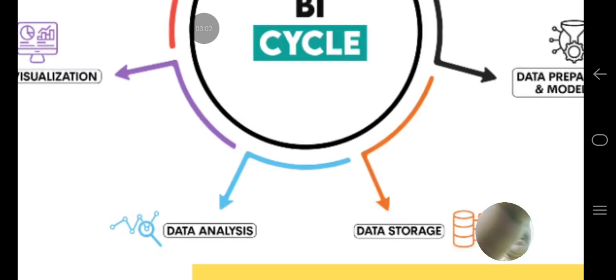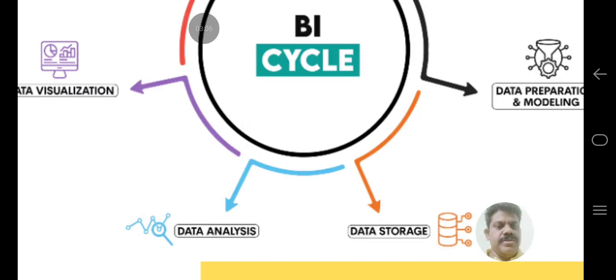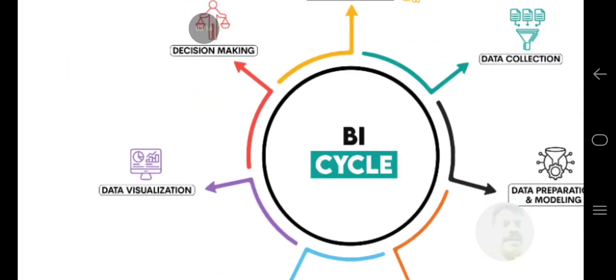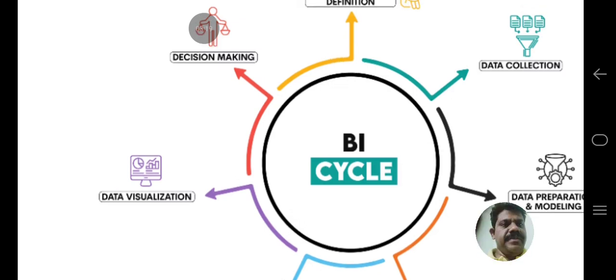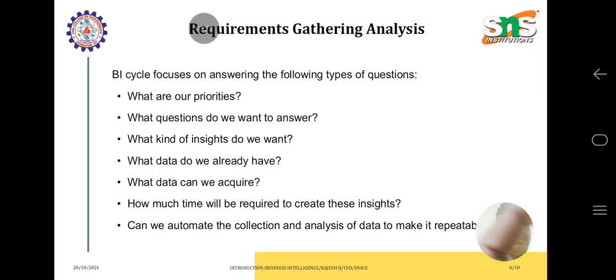The storage could be a data warehouse, data marts, data lakes or data silos, and from there the analysis will happen. Then the visualization will be brought up with the dashboards. All data stories will be used, and finally the decision making system will be utilized and benefited out of it. So this is the business intelligence cycle.